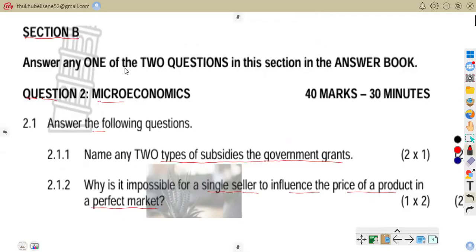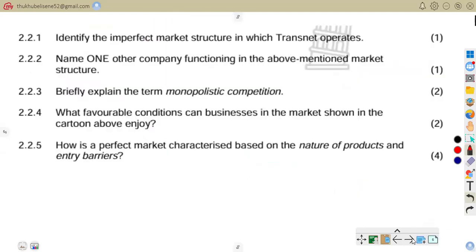So now let us quickly go to our answers and see why it is impossible for a single seller to influence the price of a product in a perfect market.